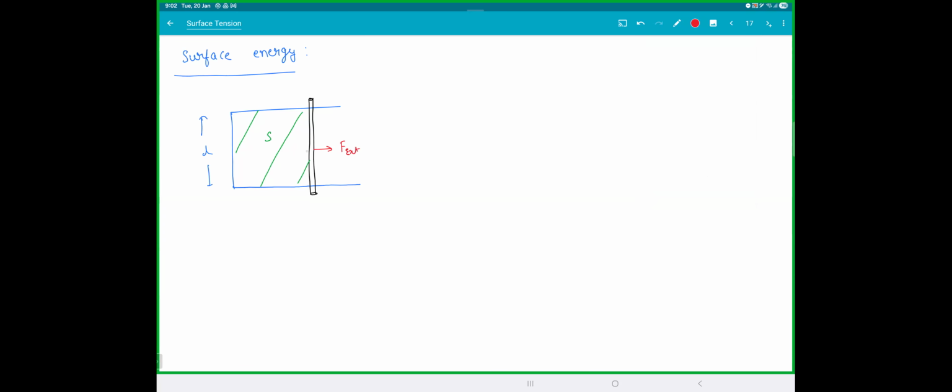So F external must be 2SL. This is a movable rod here. So let F external move the rod slowly, means you're applying a little more force every time, to move slowly by x. Then your picture becomes like this.